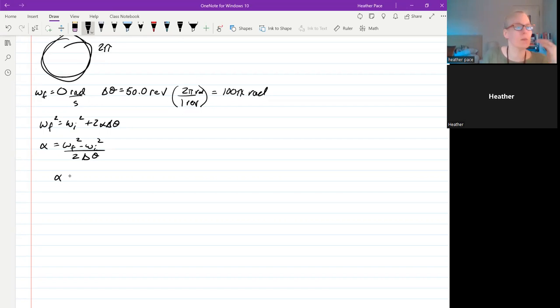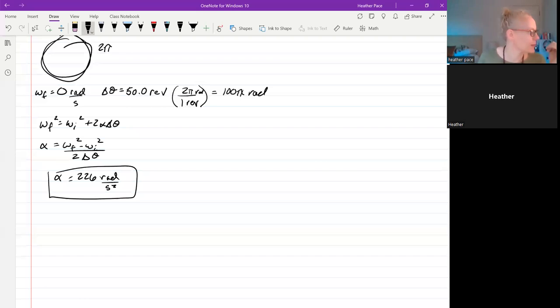And plugging in what we know, using our calculators, we get 226 radians per second squared. Okay, is there a B to this one? Oh, there's not. Okay, that's the answer. Oh, there is a B.